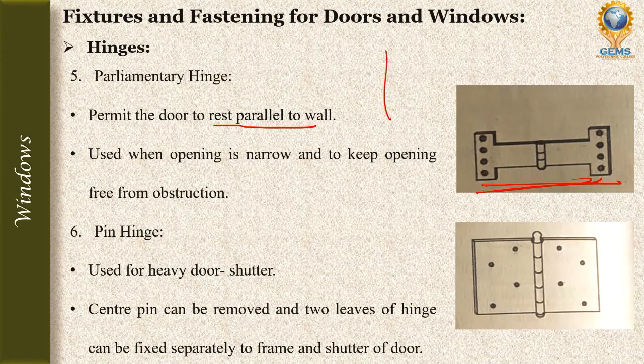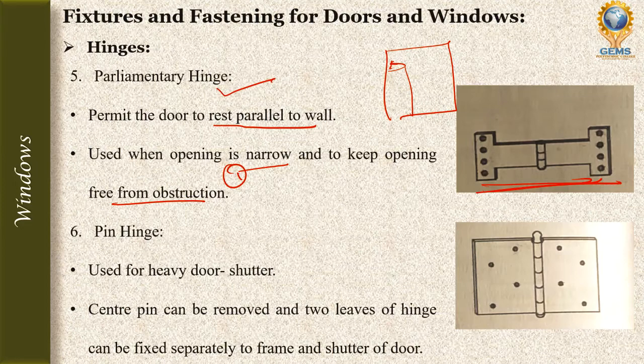If you are opening your door, it will be very close to the wall, so it will accept another wall. We use this parliamentary hinge when the opening of the door is very narrow and you have to keep the opening free from any obstructions. So one, if your opening is narrow, and second, if you want to keep your opening free from any obstruction, then we will go for this parliamentary hinge.